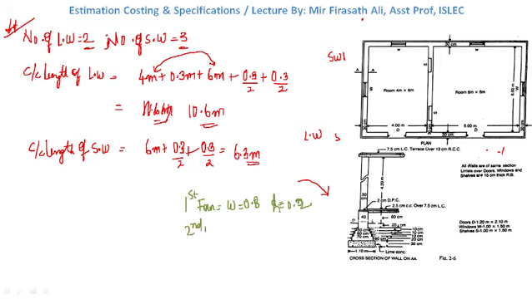Again we have second foundation. Width is 0.7. Height is 0.1. We have third foundation. Look at this figure. Third foundation width is 0.6 and height is 0.1. Similarly, fourth foundation width is 0.5, and the height is 0.1.